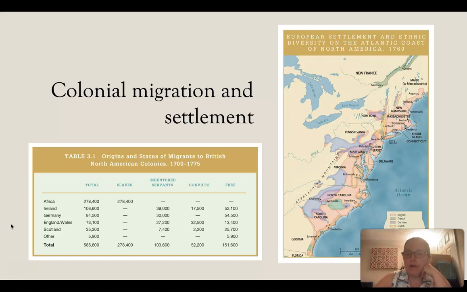Now, the other map we have is showing the ethnic diversity on the Atlantic coast of North America in about 1760 or so. So you can see where these different groups congregated.